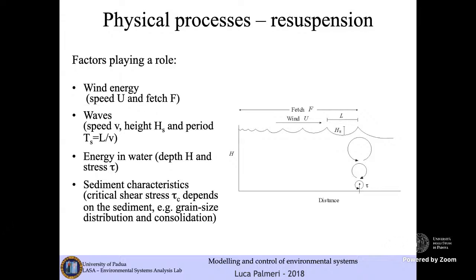And when the shear stress, that is the translation of wind energy in water, as a force that I recall to you is a vertical force pushing material from the bottom of the water body, so from the sediment onto the water column, is larger than the critical shear stress, which is a characteristic of sediments, then you will have resuspension: material moving from the sediment onto the water column.